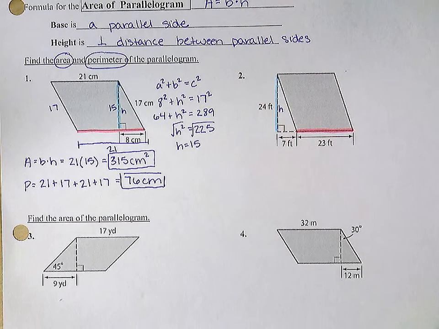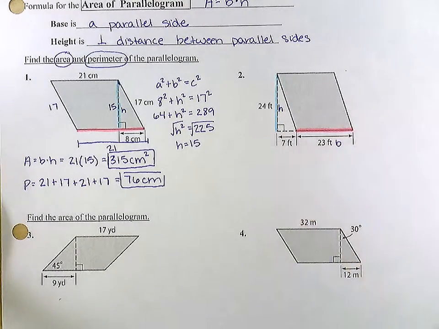That does not include that 7 feet. That 7 feet is not part of the shaded parallelogram. So you can only use that base of 23 feet. To find the area, this is your base.